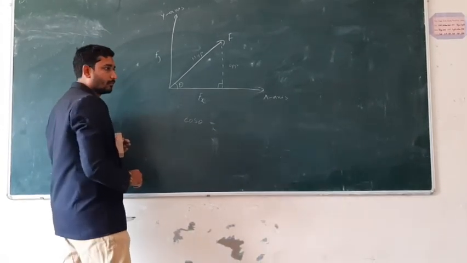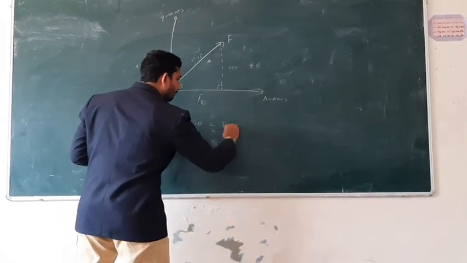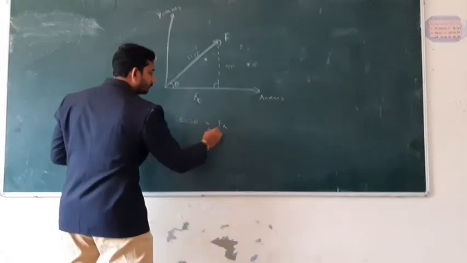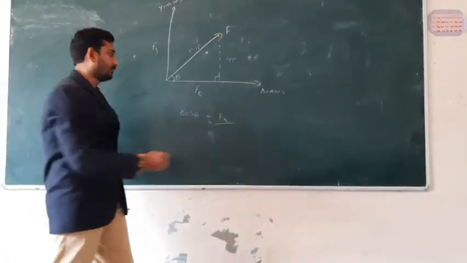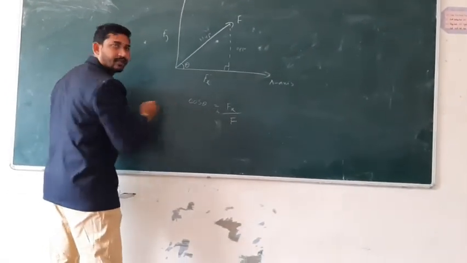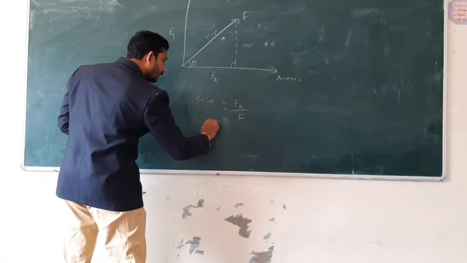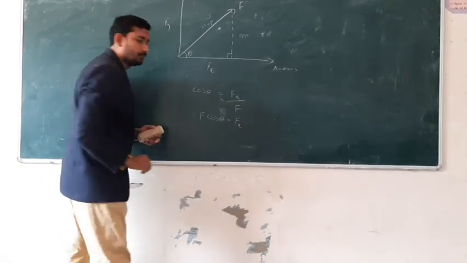Adjacent by hypotenuse. What is adjacent? Fx. What is hypotenuse? F. I'll take this F here. F cos theta is equal to Fx.